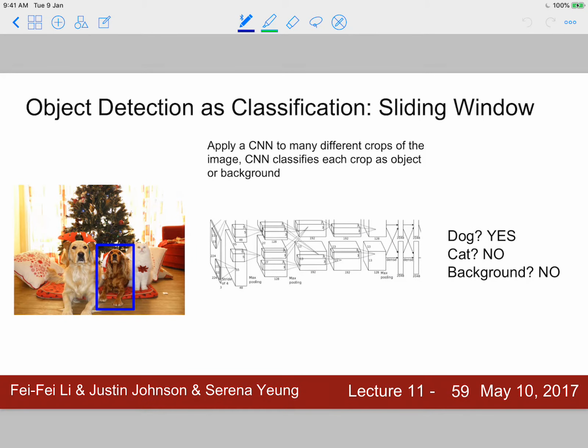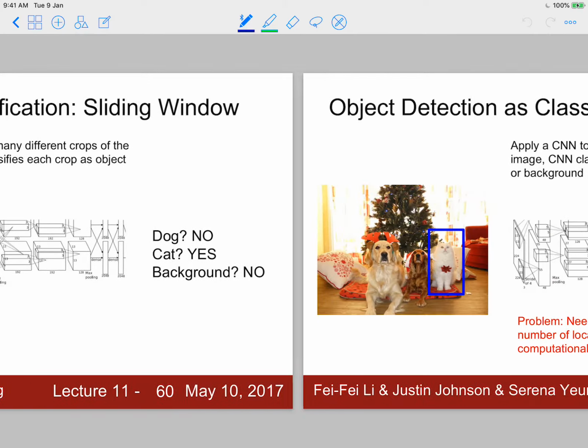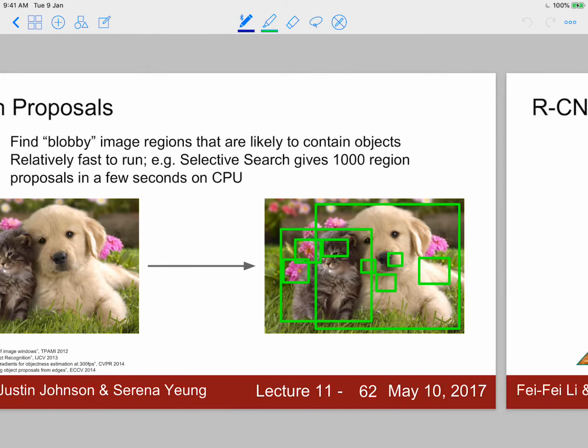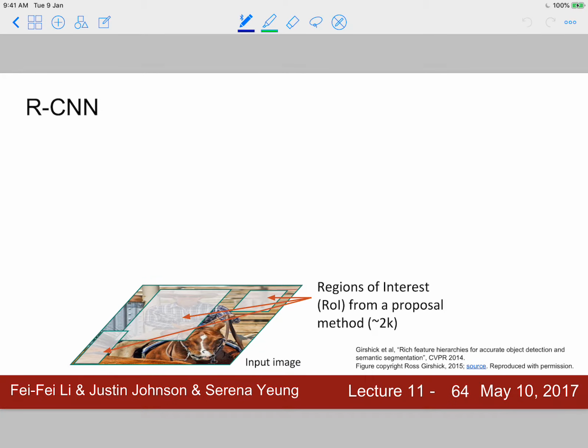Although the lecture didn't cover the full details of all the algorithms like Faster RCNN and things like that, at a high level it's important to get some differences between different models. Initially we have an RCNN, right?